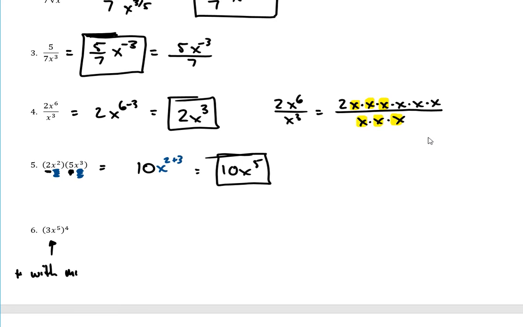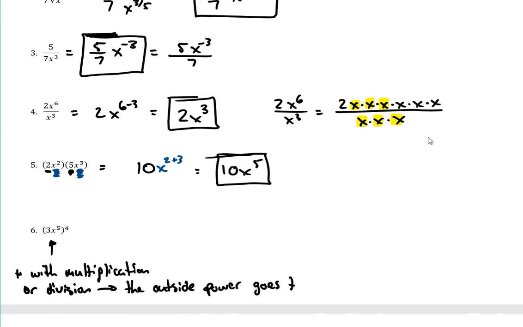So with multiplication or division, this power, that 4, the outside power goes to all parts. So this is the same thing as 3 to the 4. So it's like the 4 is kind of like it's distributing. So it's 3 to the 4 and then x to the 5th to the 4, like that.